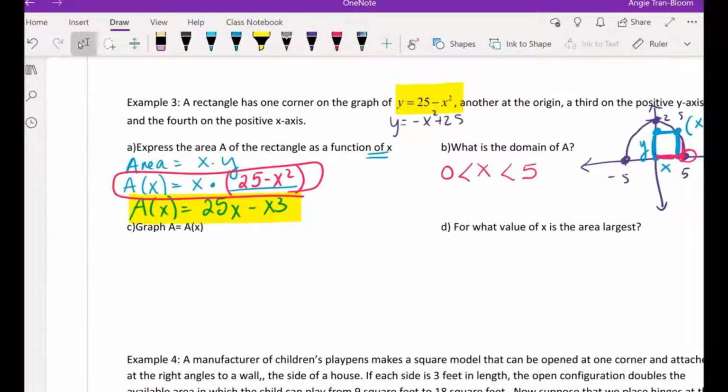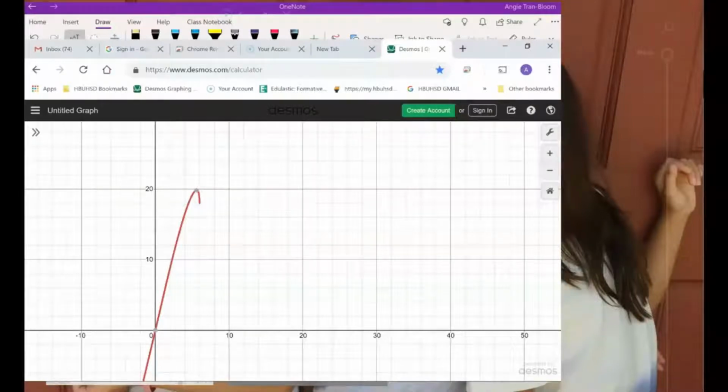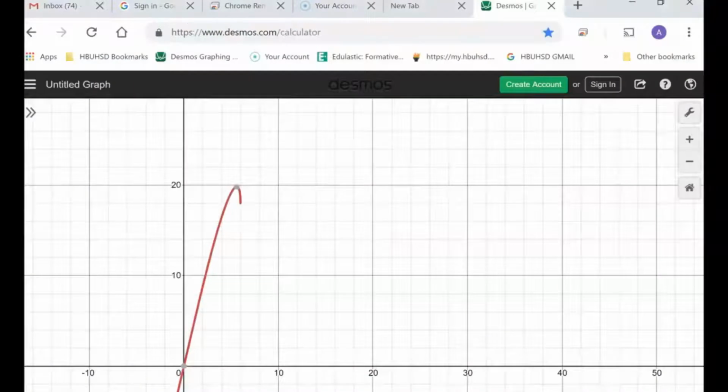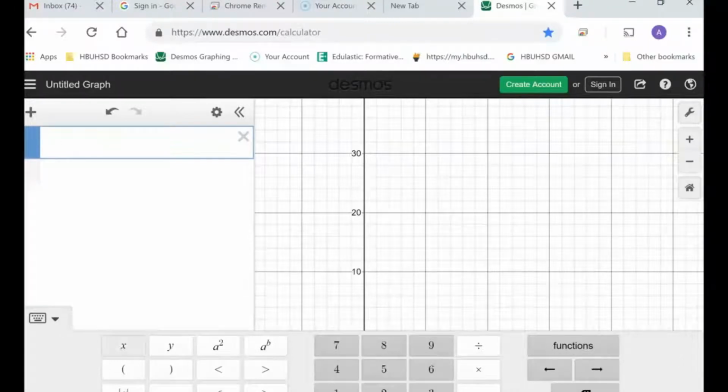Graph your area formula. Okay, let's find decimals, if it's still around. Let's see. All right, here we go. Here's my decimal, slowly coming up. X that out, and what I want to enter is 25x.